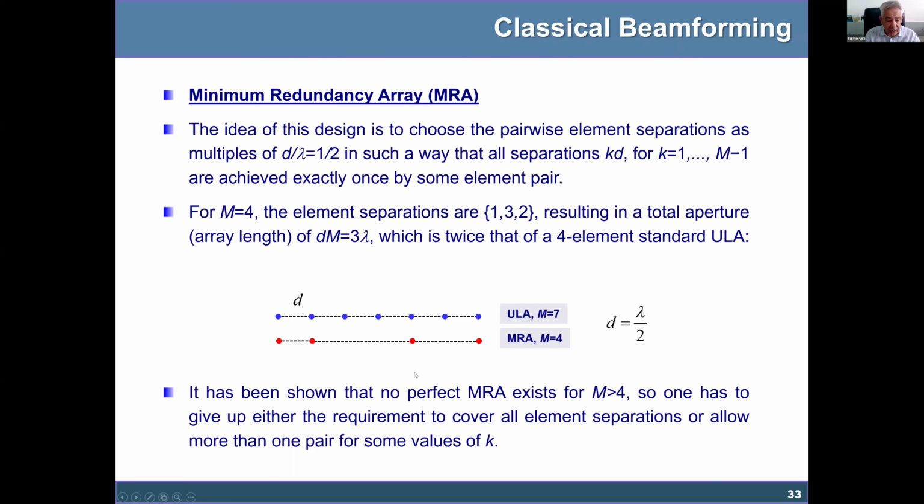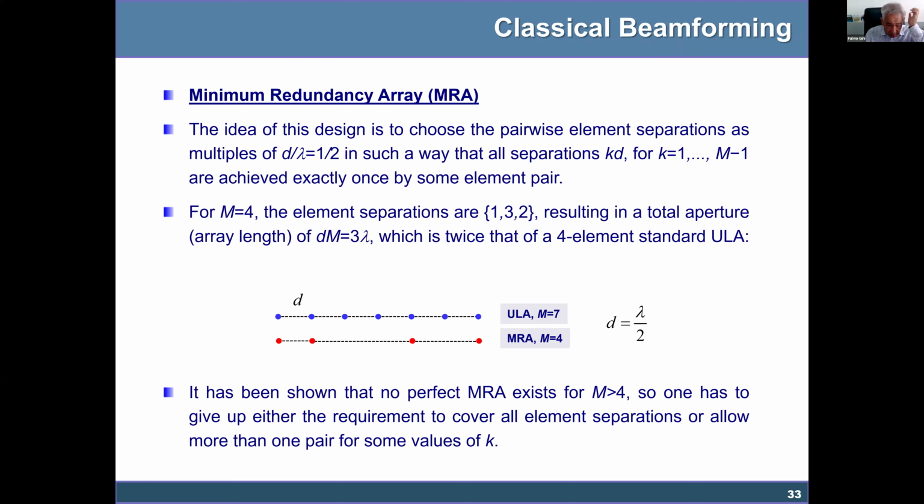So you can see that we have minimum redundancy because all the distances that are also in the ULA with the same aperture are present, but each distance is provided by just one couple.